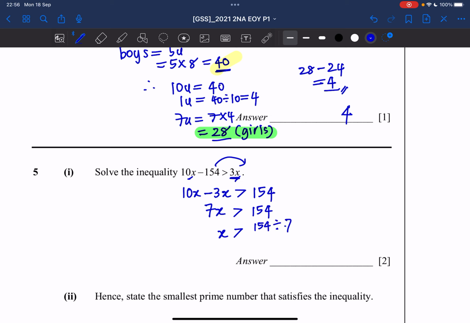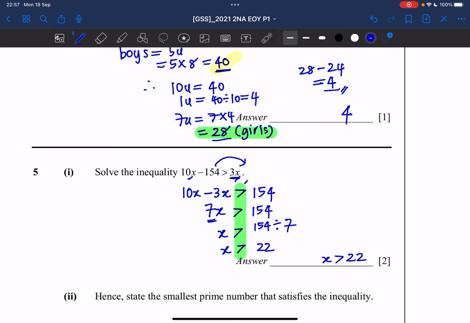So x is greater than 154 divided by 7. Let's check. 154 divided by 7 is 22. So for the answer, you need to write down the whole inequality. Now you notice that the sign remains the same. The inequality sign does not change, because this 7 here is positive 7.